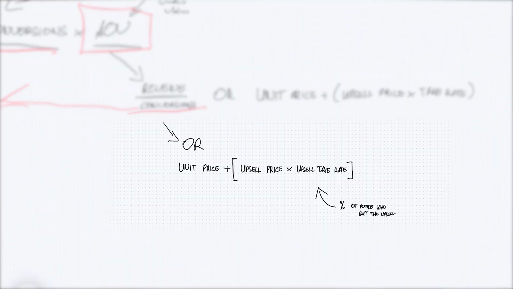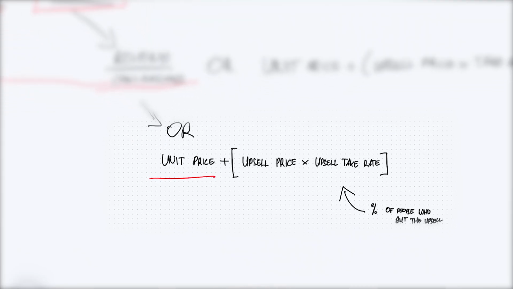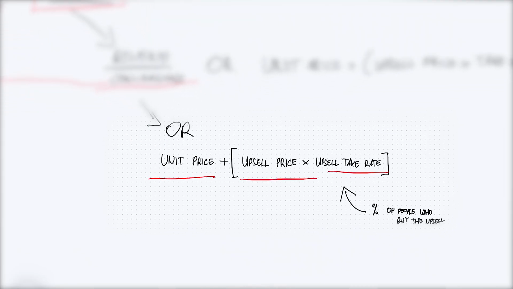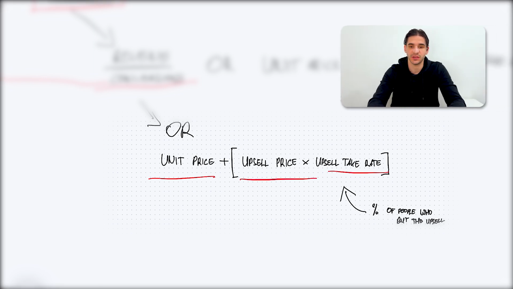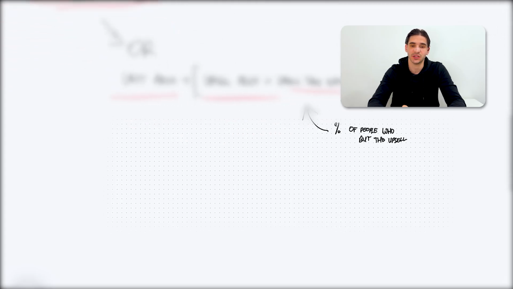Another quantifiable way of breaking it down is taking the unit price and adding it up with the upsell price and its take rate. So what affects your average order value is the price of the thing you're selling plus the price of your upsells times the percentage of people who take it.